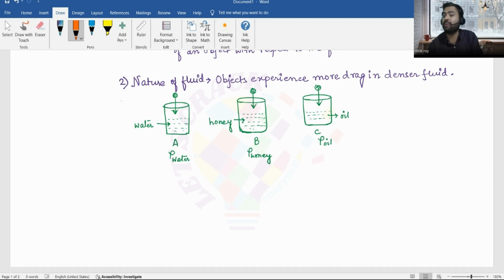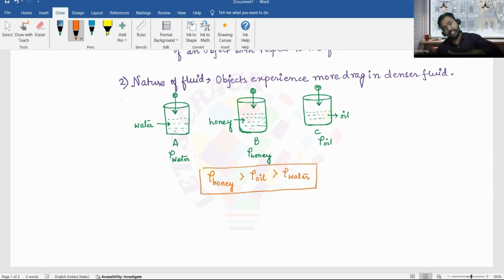Objects experience more drag in denser fluid, since the density of honey is comparatively very much as compared to oil, and it is more as compared to water, the object experiences more drag in denser fluid, and the ball which we put in the vessel of honey takes more time to sink as compared to oil and water.